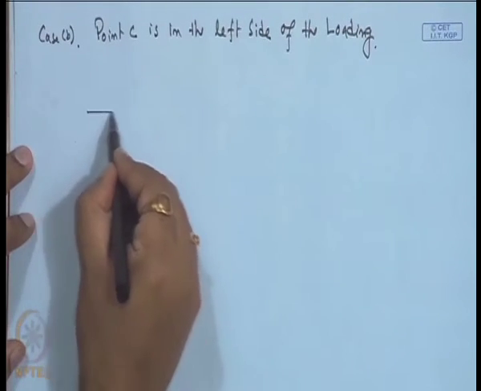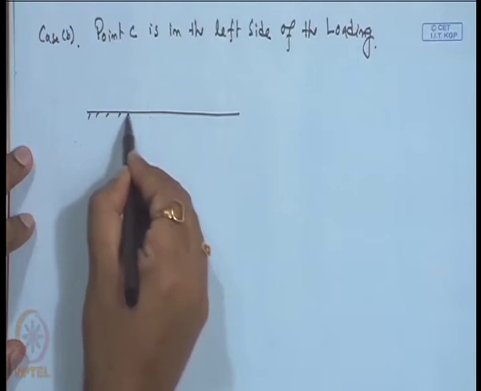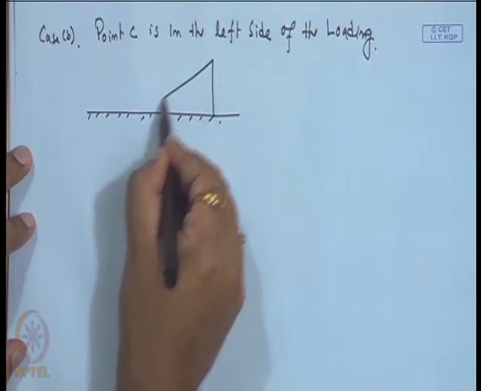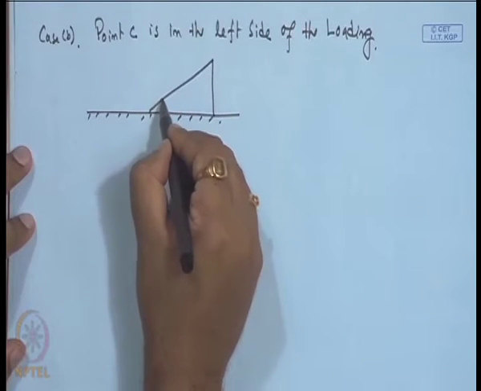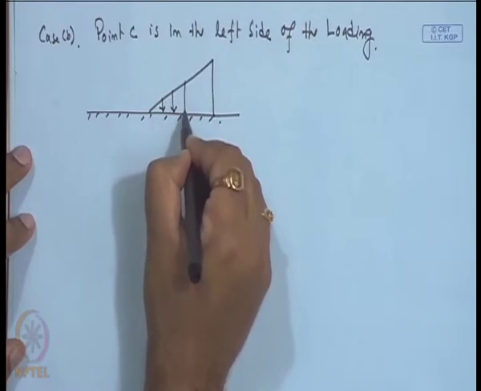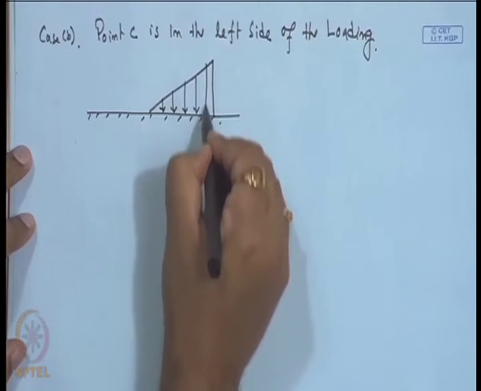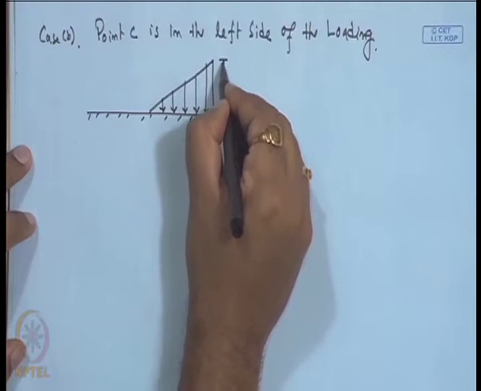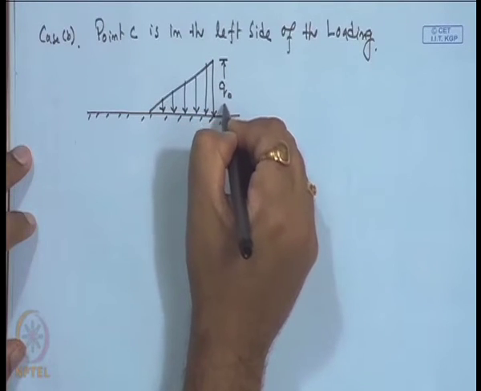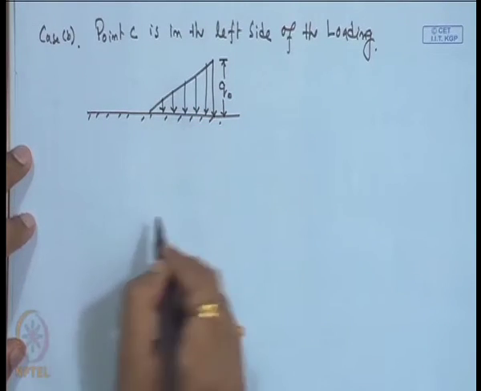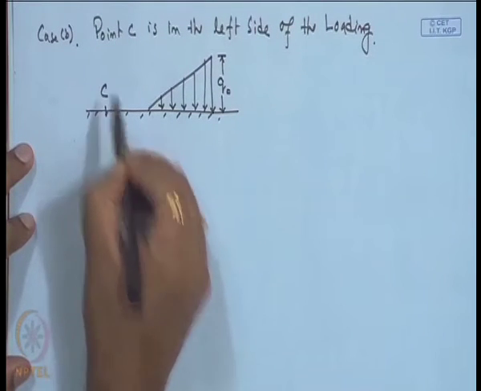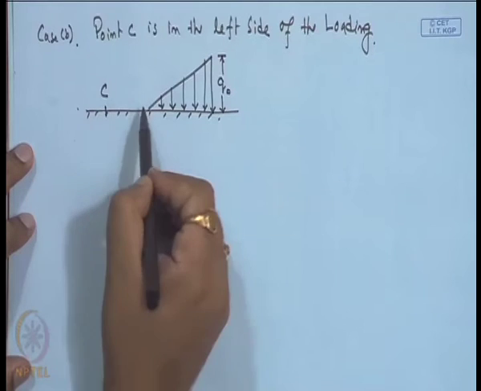Similarly, this is an infinite beam, and we have the triangular loading here. This is q 0, the maximum intensity, and we consider the point C here, on the left side of the loaded region.